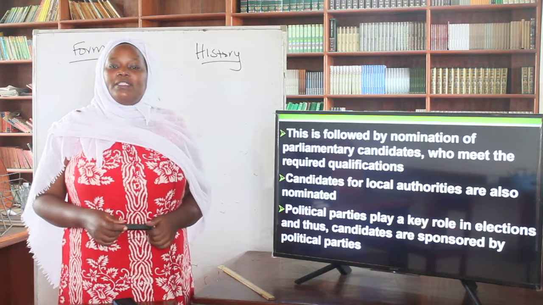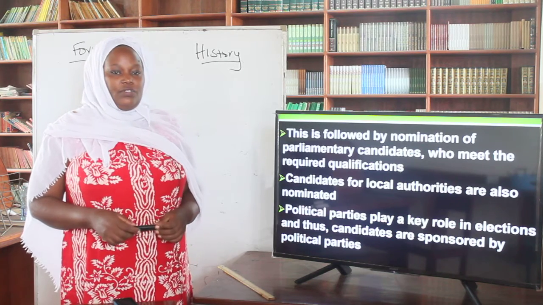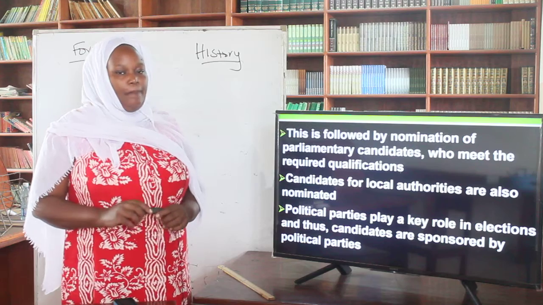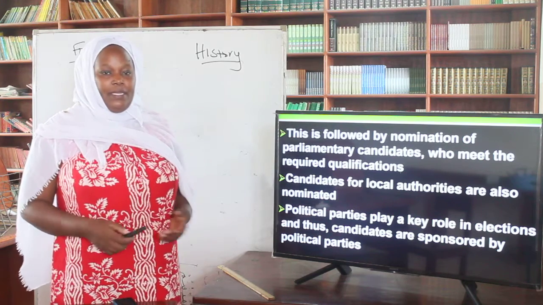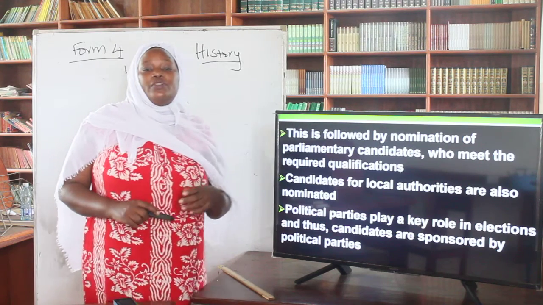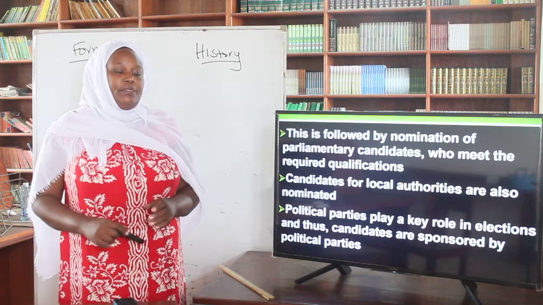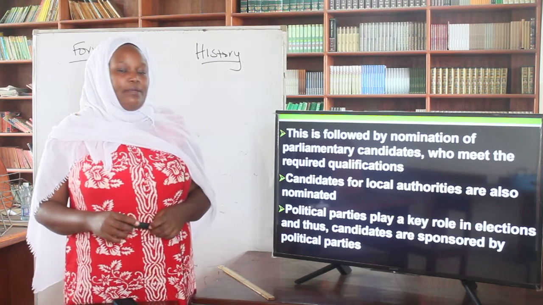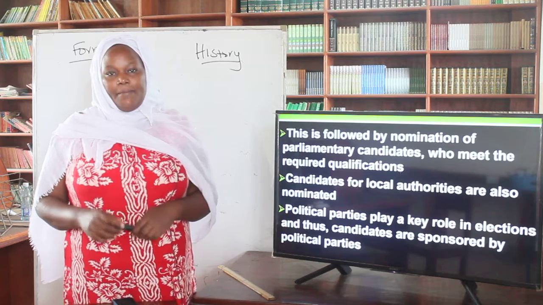The political parties play a key role in elections, and therefore candidates must be sponsored by a political party. Here in Kenya, you even have independent candidates who are not using any political party, but in Britain, you must be sponsored by a certain political party.